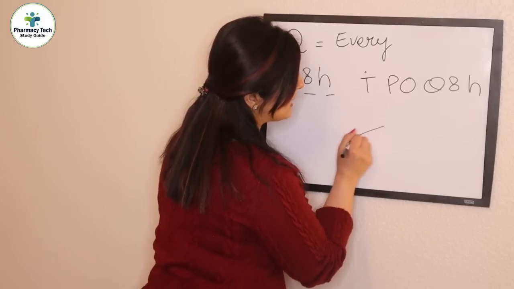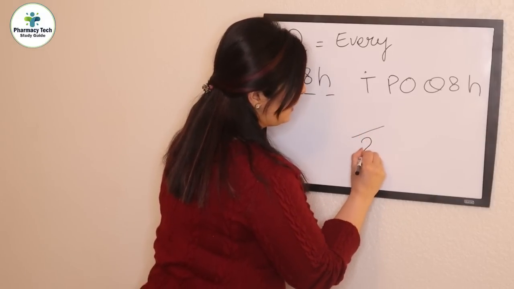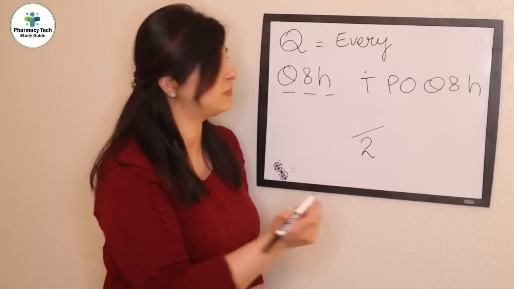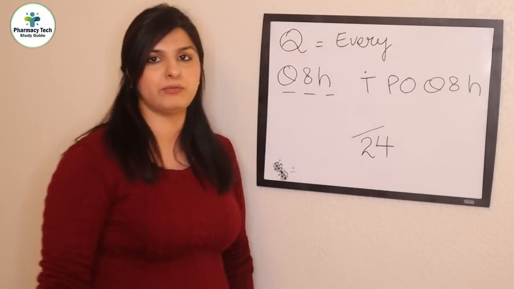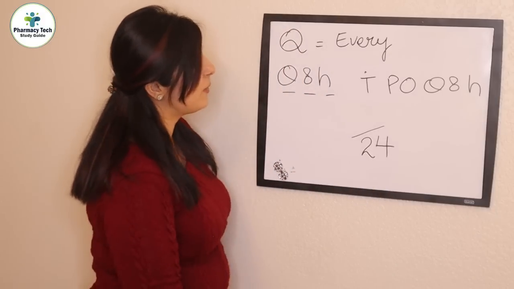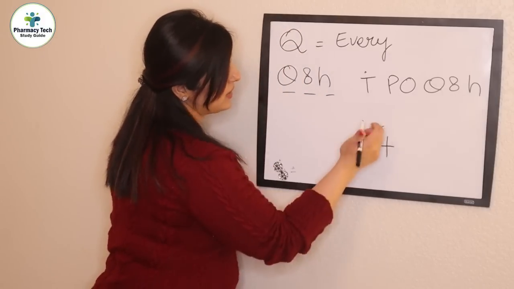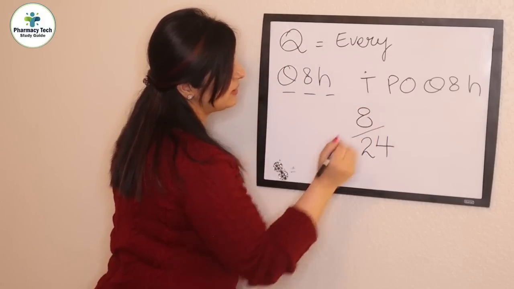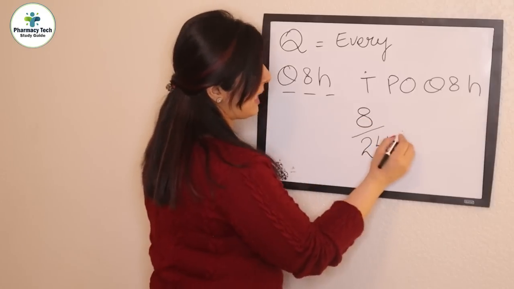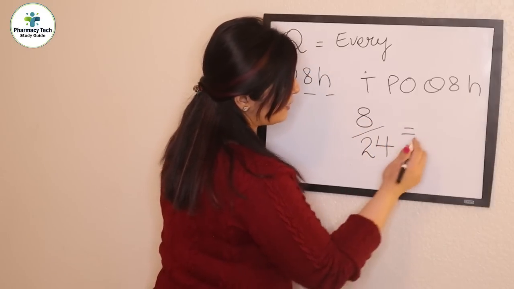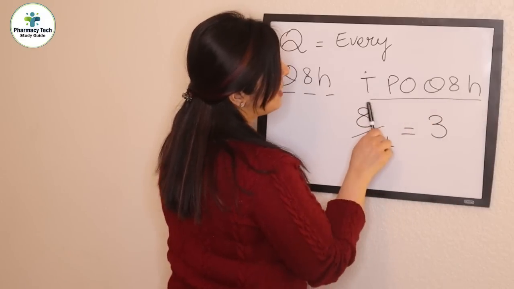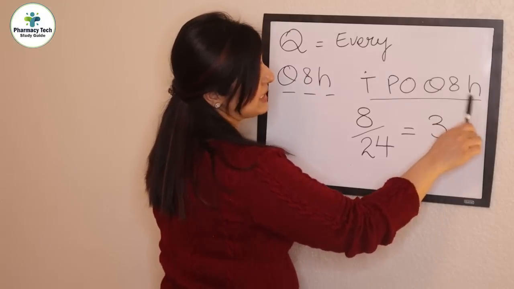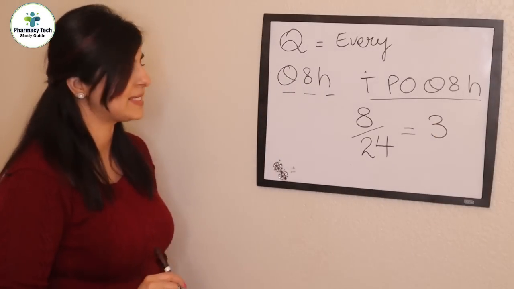When I said in pharmacy, or in medical terminology, we use the military clock of 24 hours, every 8 hours is within the 24 hours. So every 8 hours, 24 divided by 8 would be 3. So that means this should read as 1 tablet to be taken 3 times a day. Make sense?